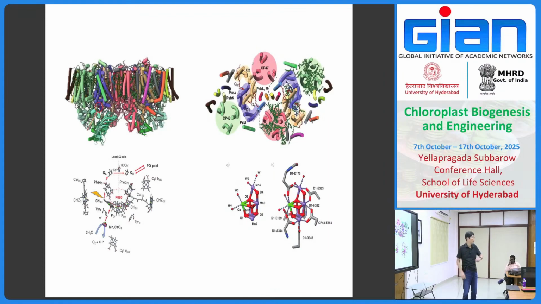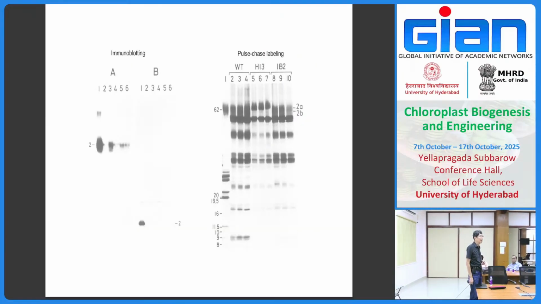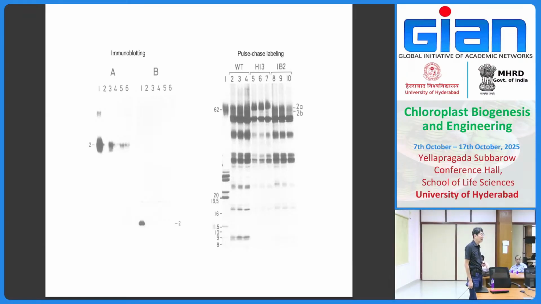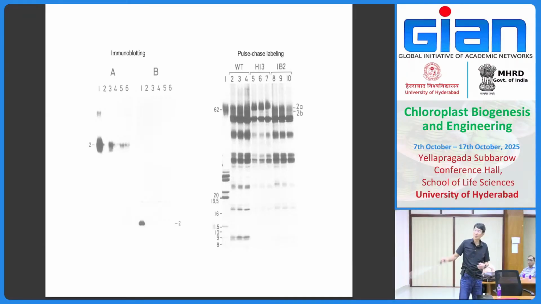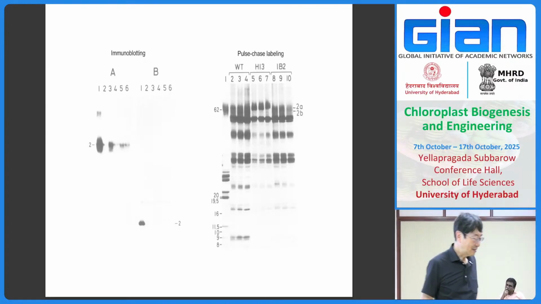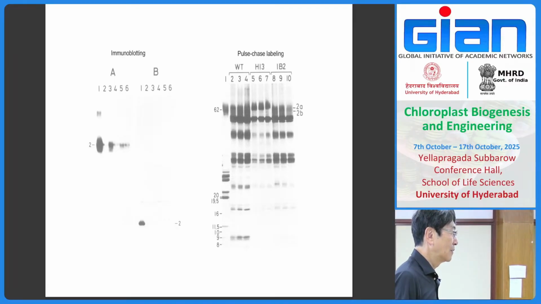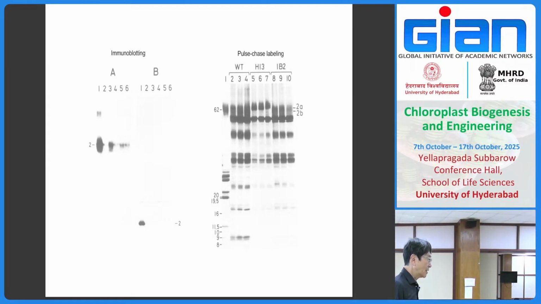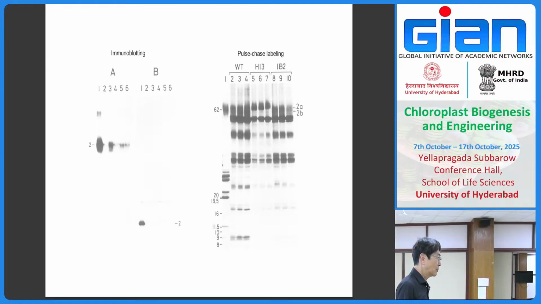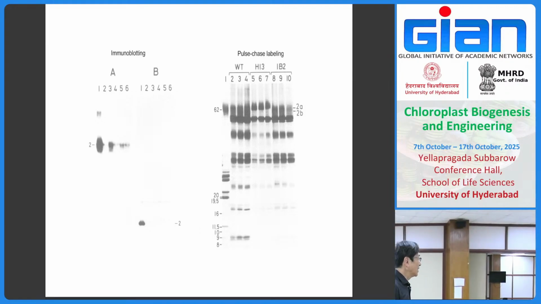Okay, this is an example of knockout of a chloroplast gene. This is the first experiment. So we just knocked out a gene whose product function is already known, because we needed to test the phenotype.